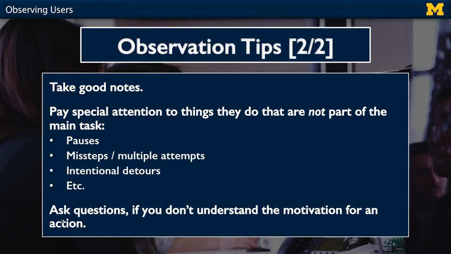Maybe the person is confused, or maybe they're thinking about something, maybe they're stuck. Another thing is to look at missteps or potential detours that people might be taking. Sometimes those detours will be intentional. So for example, you might imagine somebody going through the Amazon checkout process where when it gets to the point where they enter potentially a promotion code, a lot of people know that these promotion codes exist online somewhere else, and so they'll open up another browser window, search online for these promo codes, and then go back to the main Amazon website.